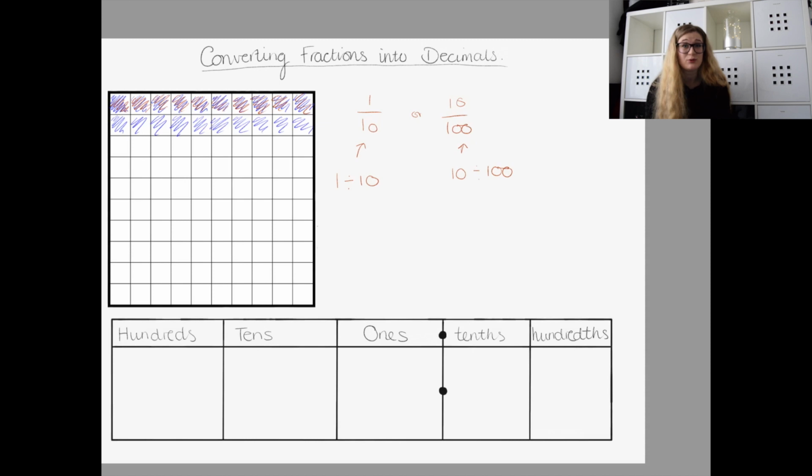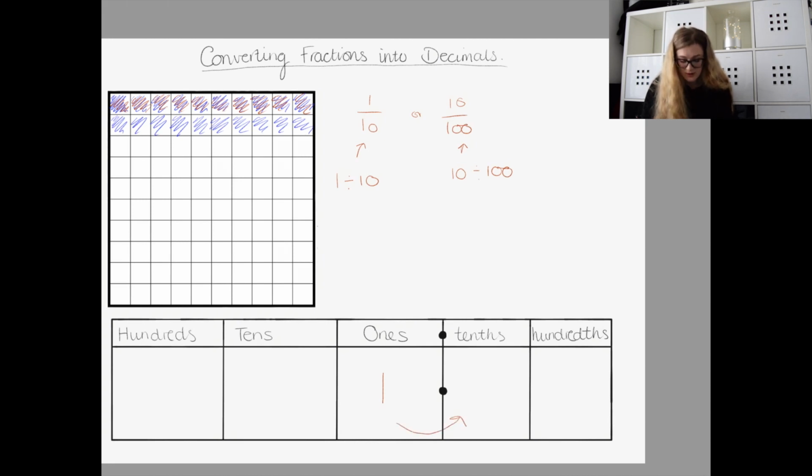It's a division symbol. It's just our way of writing it. It's saying 1 divided by 10, and that's how we work it out as a decimal. It is the top number divided by the bottom number, our numerator divided by our denominator. So 1 divided by 10: in my place value grid, I put in the number 1. I'm dividing that by 10, which means I jump 1 place value down.